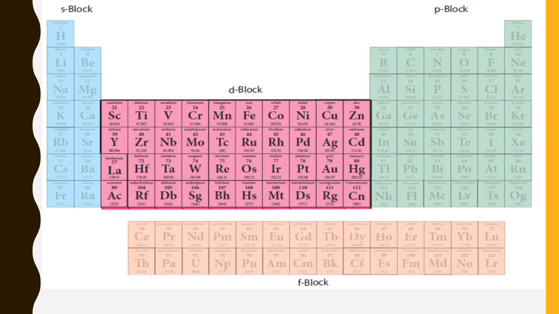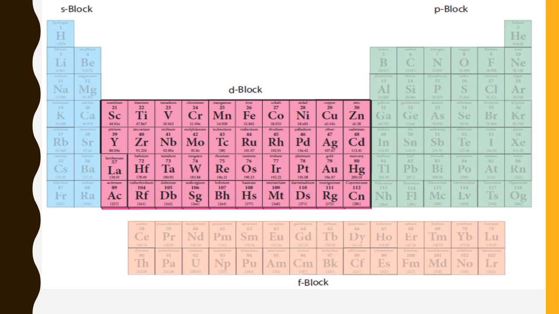Have you seen the periodic table chart? Yes. In the periodic table chart, we can see the transition elements. The transition elements are between S block elements and P block elements.